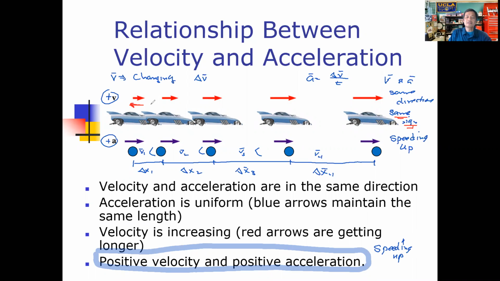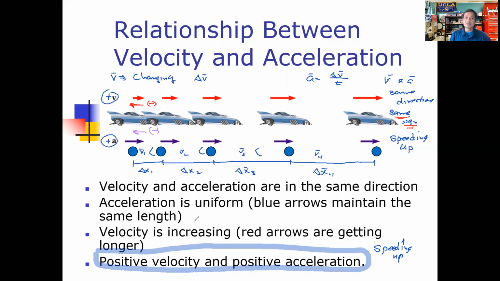If the velocity is negative and the acceleration is also negative, the acceleration is also in that direction. Are the two vectors pointing in the same direction? Yes. Which means that if the velocity is negative and the acceleration is negative, you still are speeding up.